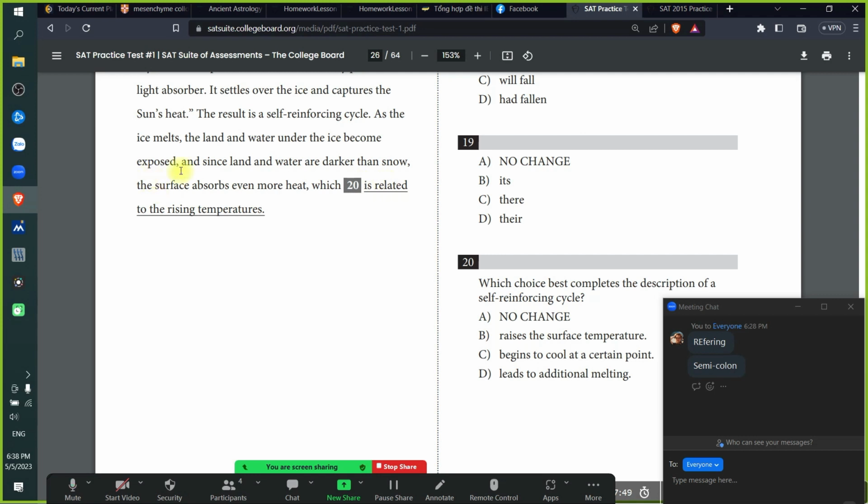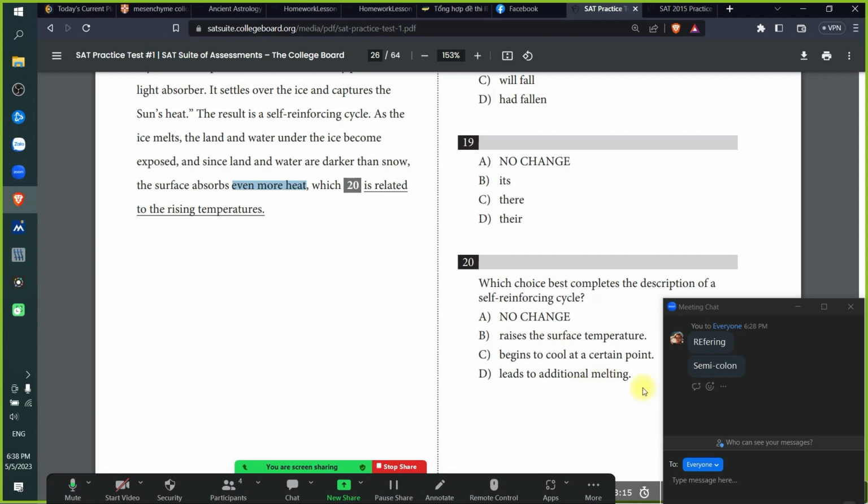Because here, lúc đầu nó melt. Look at this word, even more heat. Nó còn hấp thụ còn nhiều hơn nữa, thì đương nhiên nó phải dẫn đến sự melting còn thêm vào nữa, cái sự mà tan chảy thêm nữa. If it absorbs even more heat, it means it has to melt even more, right?